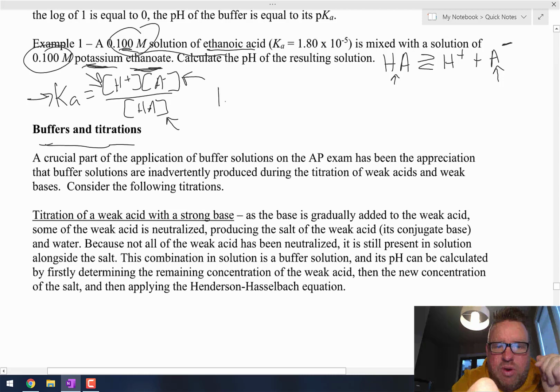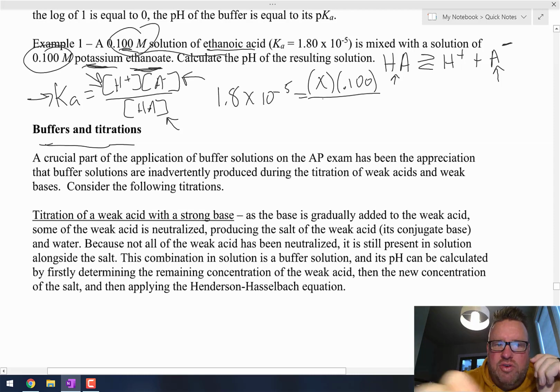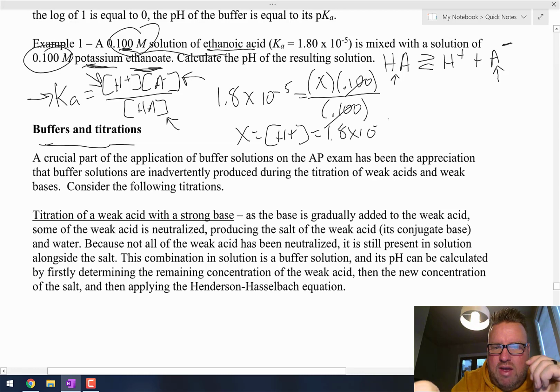So this is just one of the problems where you literally just plug those numbers in. 1.8 times 10 to the minus 5th is equal to the hydrogen ion concentration, we'll just call that X, over... the ethanoate is 0.1, and the concentration of the acid is also 0.1. Obviously, the 0.1s cancel, which means that the hydrogen ion concentration, X, is going to equal 1.8 times 10 to the minus 5th.